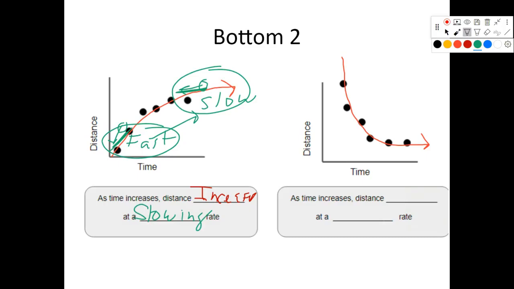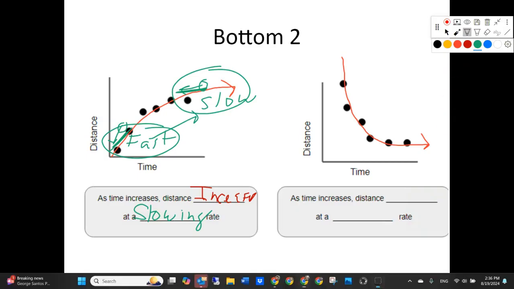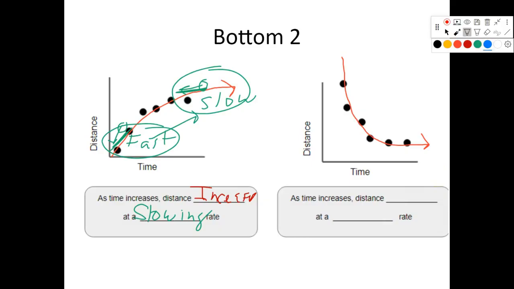All right, let's use the same logic here. So on the right side. So first of all, as time increases, distance, is it increasing or decreasing? Good. It's decreasing. So I'm going to write decreases here. At a blank rate. Okay, so again, let's do the marble analogy. So imagine you put a marble on a track that's right here.